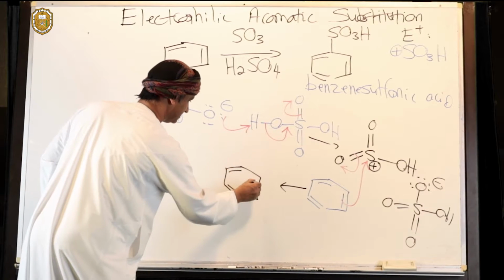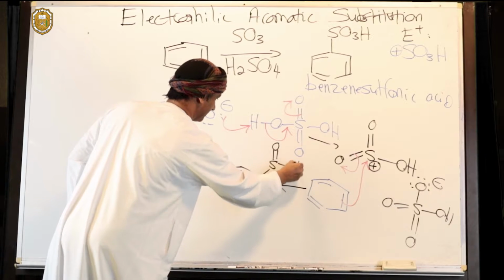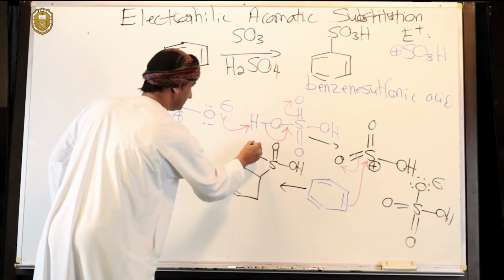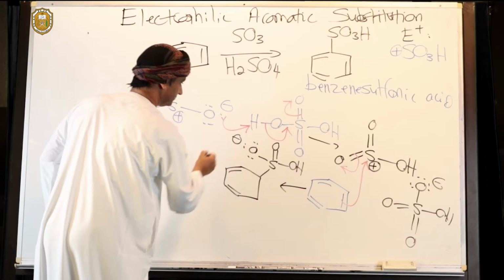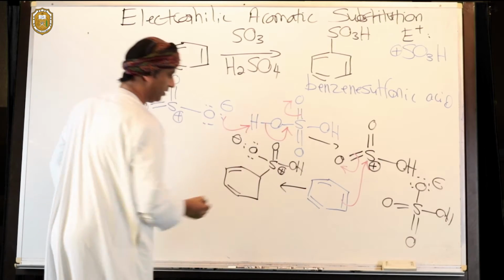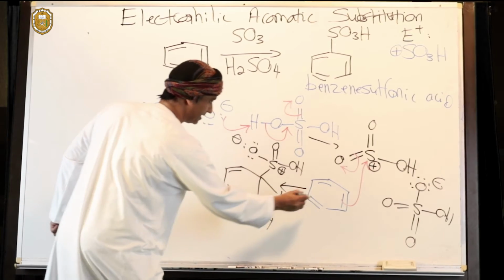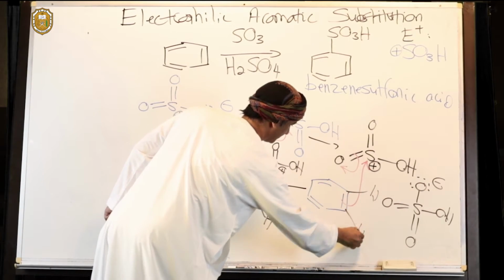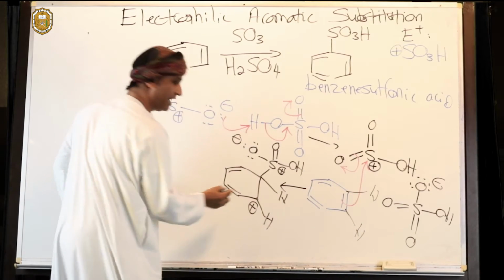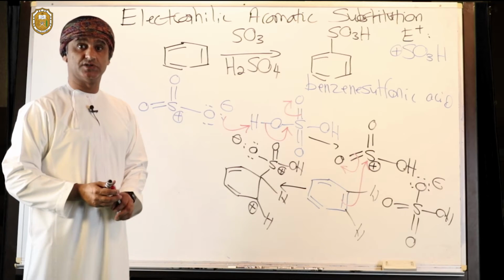It's a carbocation intermediate again. And of course, there is still a positive charge here on sulfur. Remember, there is a hydrogen here, and there is a hydrogen here because we had hydrogens there before. And of course, that carbon now must carry a positive charge because it has lost its electron share.